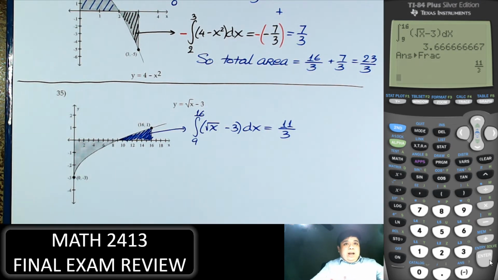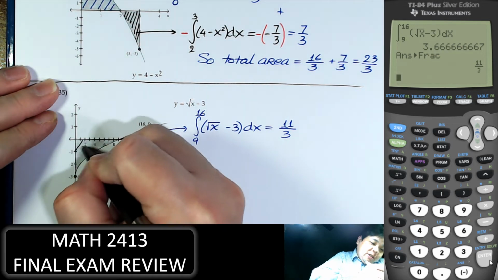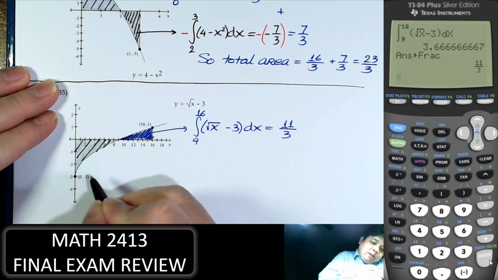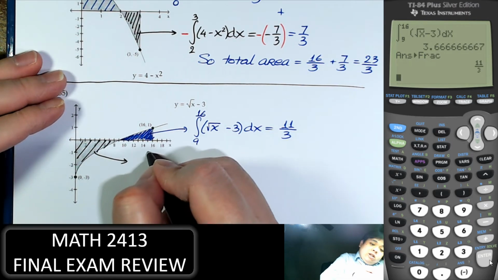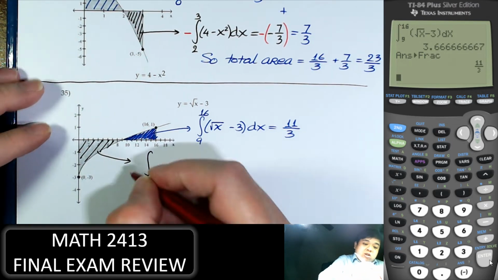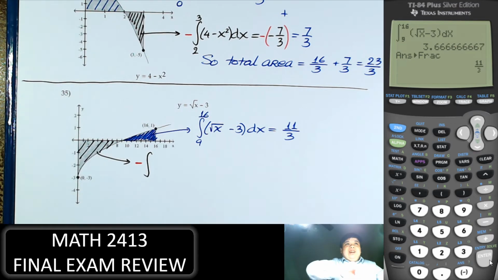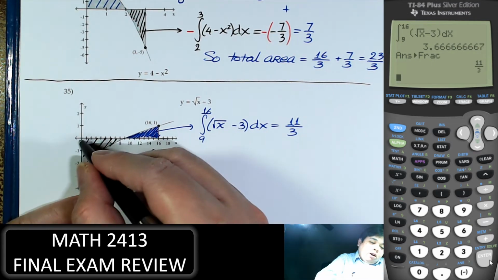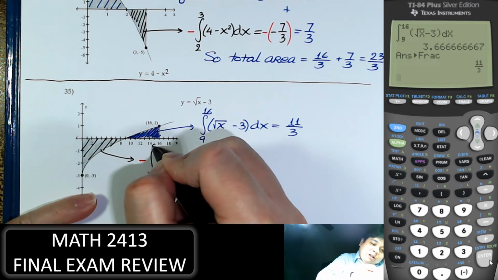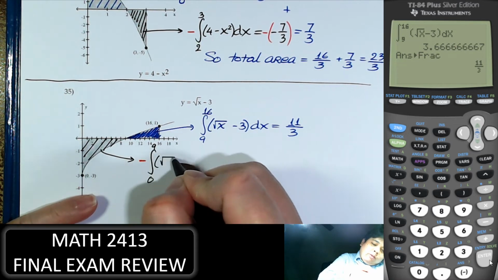Right, and now this area. Once again, we talk about area. So this is below the x-axis. You just go ahead and put a negative to turn the result to positive. Go from 0 to 9, square root of x minus 3.